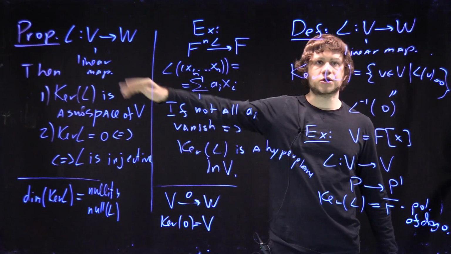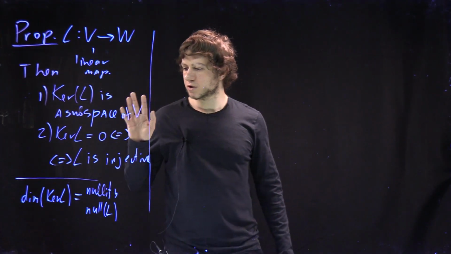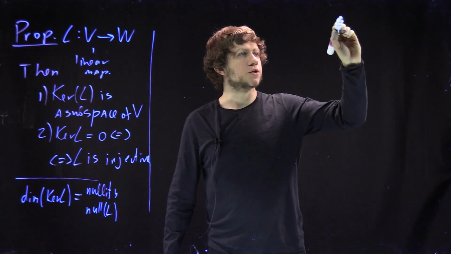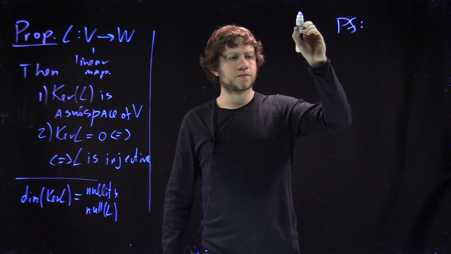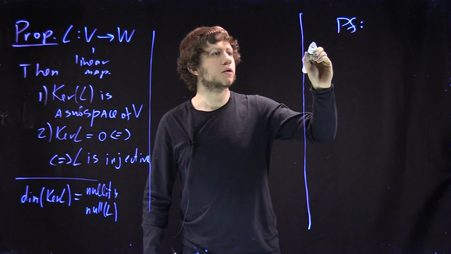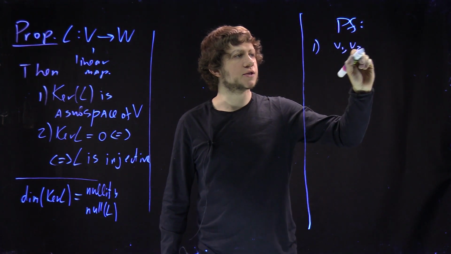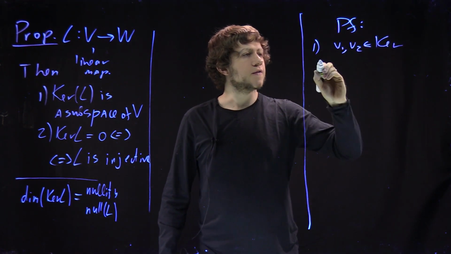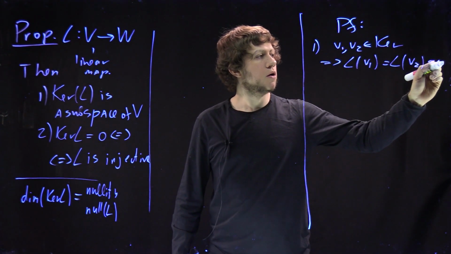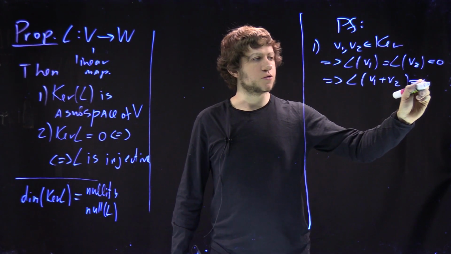Okay, let me prove this proposition, and for this I will erase all this part. Proof. Part 1 is almost trivial. We need to show that, firstly, suppose v1, v2 are inside the kernel. Then L of v1 equals L of v2 equals 0. So L of v1 plus v2 is just their sum, so it's also 0.